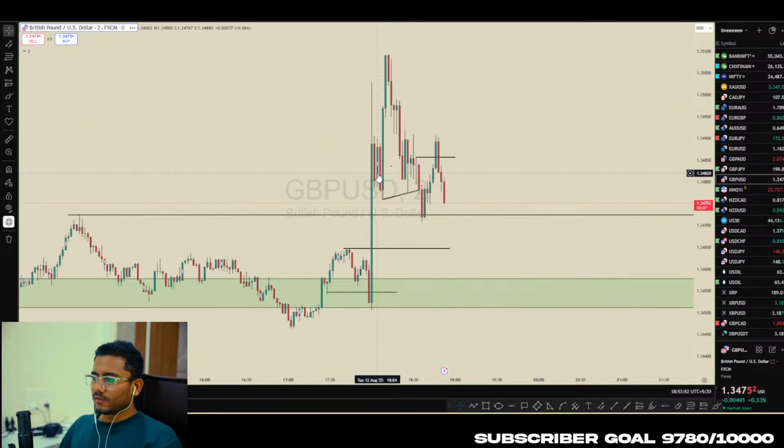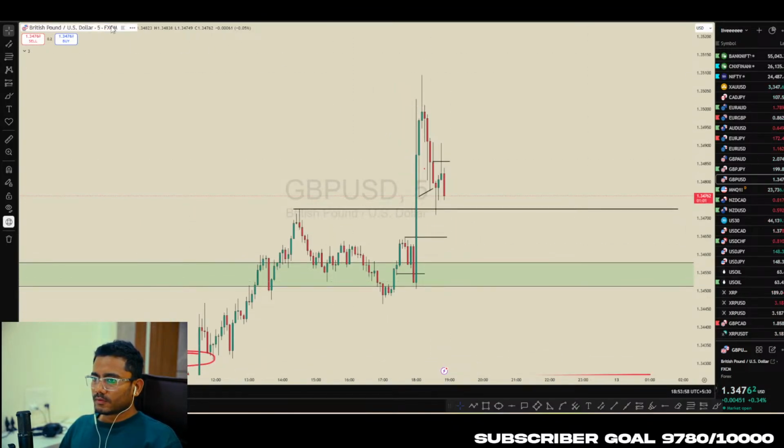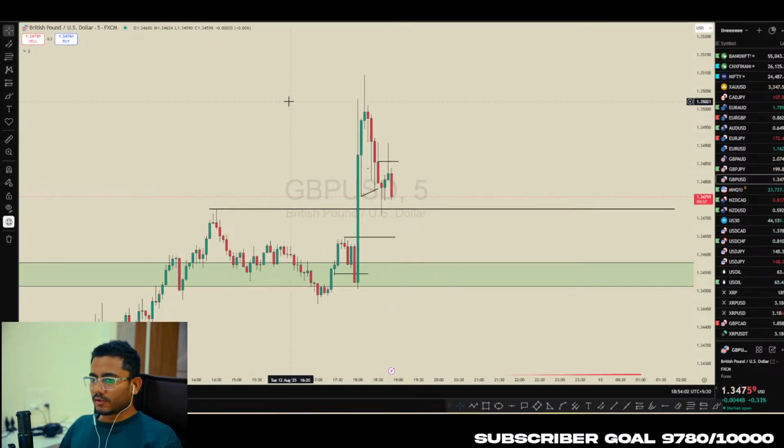It should at least give a single confirmation, then only you can look for a buy. Because on 5 minutes it does not look good. After breaking the structure, it should create liquidity at least on 1 minute with a bullish candle. Then only the setup becomes valid. Here, just by looking at 5 minutes, we can see there is this 5 minute wick to the downside.